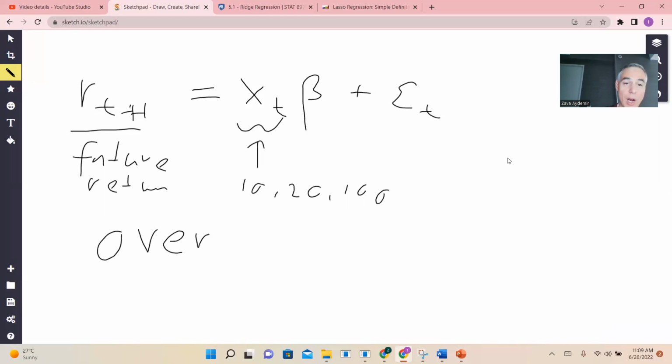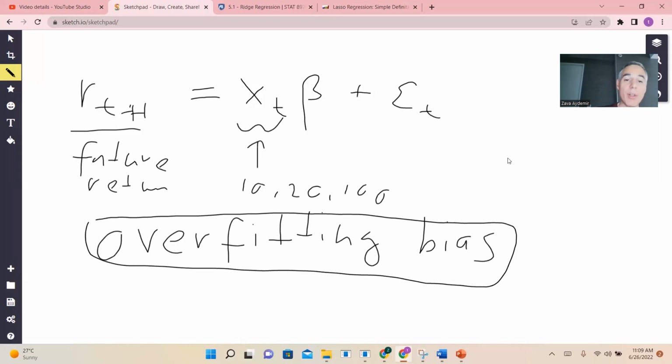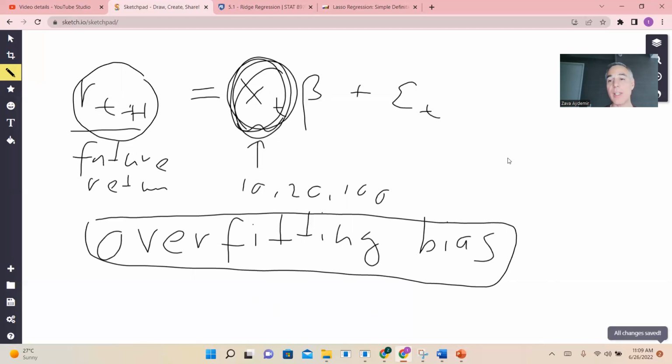Even if you are not falling into this trap of hindsight bias, historically speaking, you may still use too many variables. You will have a very rich set of factors here. You will use a lot of these factors to predict future returns. And in historical time samples, it works very well. But then when you go live and trade these, they often fail.